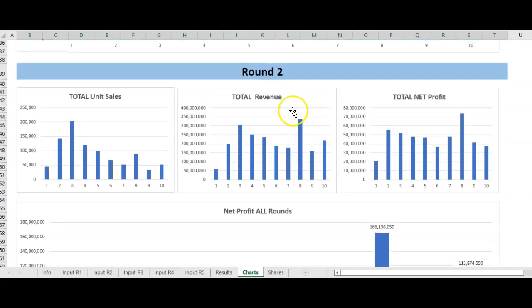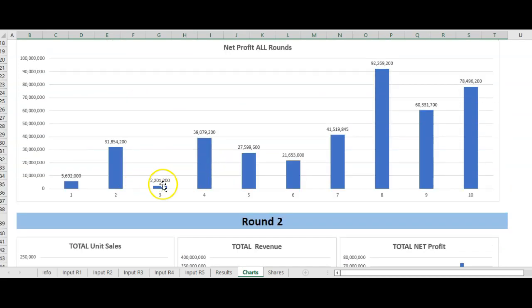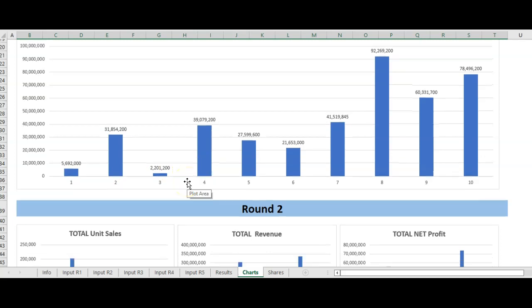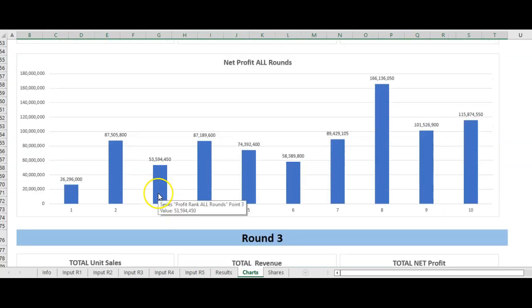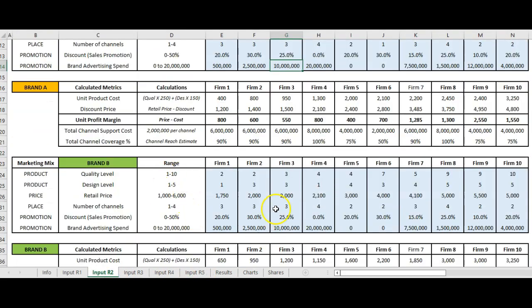So we can see this is round 2, and team 3 has made 50 million in that year. Not catching up, but certainly becoming competitive. If you could compare where they were. So by making some changes, they are now advancing. And obviously the second brand that they put in place has an impact.